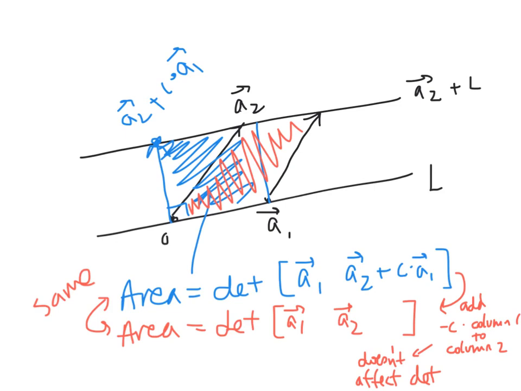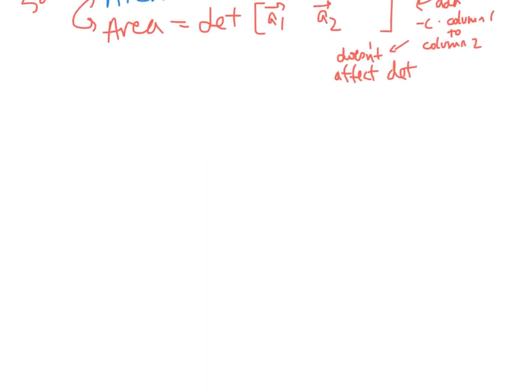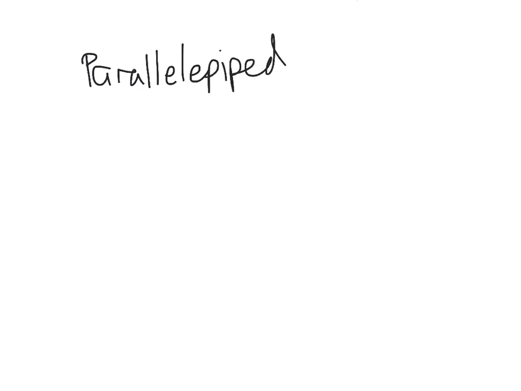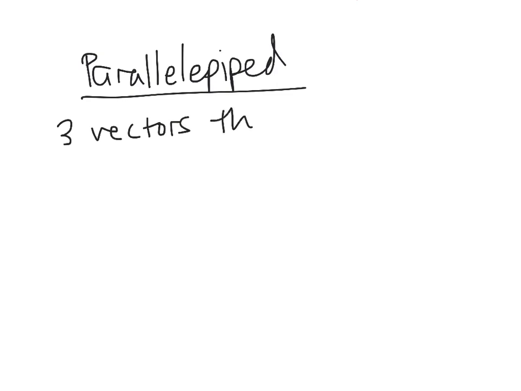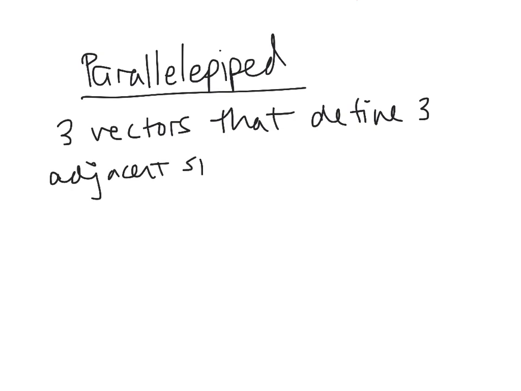All right, so one last example is the example of the parallelepiped. And so if I have a parallelepiped, and let's say I have 3 vectors that give 3 adjacent sides, and so let's call these vectors u, v, and w.